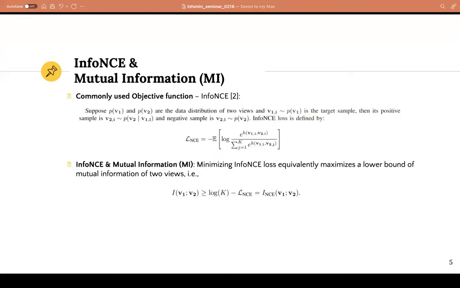And for simplicity, we define the right-hand side as I_NCE, the NCE mutual information.